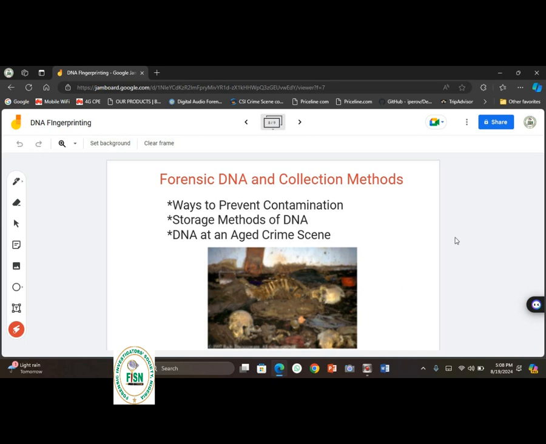Supposing it's a murder case, relatives and neighbors may want to come to the crime scene and sympathize. This sympathizer may come and take the evidence. So in order for that not to happen, the first thing is to barricade the crime scene with crime scene tape, and let there be instruction that nobody should enter the crime scene, in order to prevent contamination.